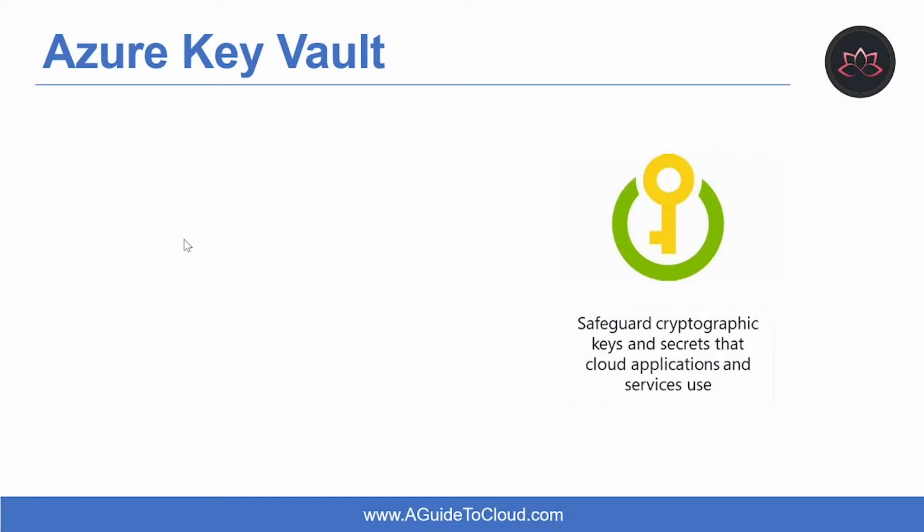So what is Azure Key Vault? Azure Key Vault helps safeguard cryptographic keys and secrets that cloud applications and services use. Key Vault streamlines the key management process and enables you to maintain control of keys that access and encrypt your data. Developers can create keys for development and testing in minutes and then migrate them to production keys.